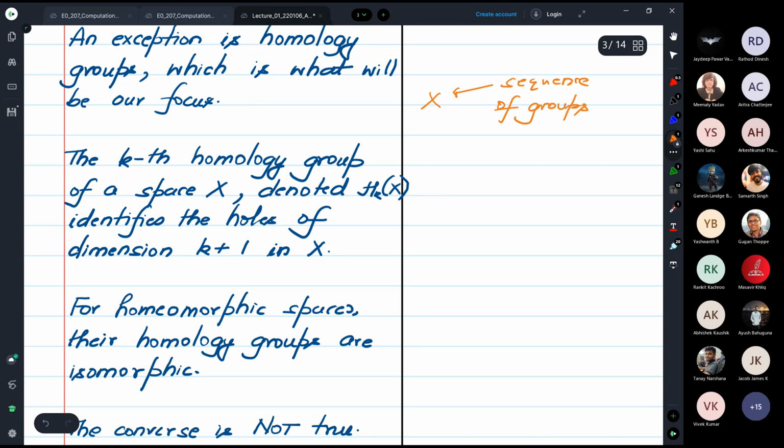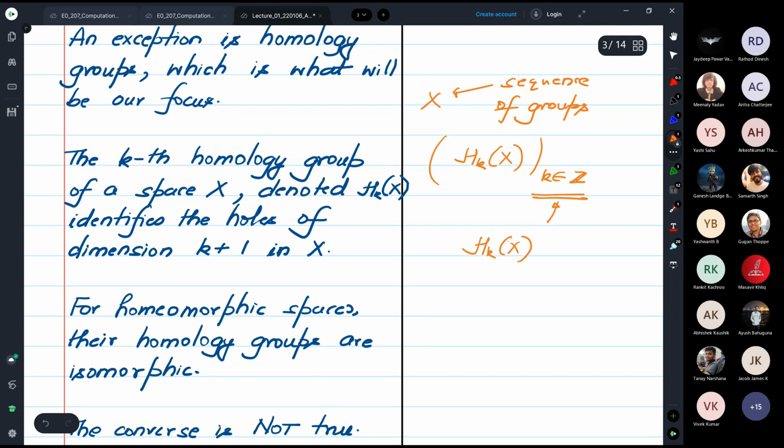In particular, I will assign Hk of X for k in the set of integers. So for every k which is an integer, I will have a corresponding group.